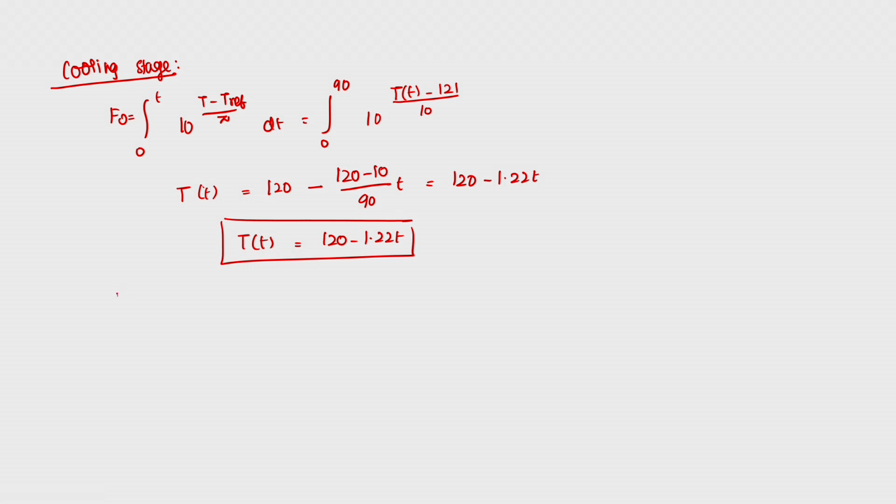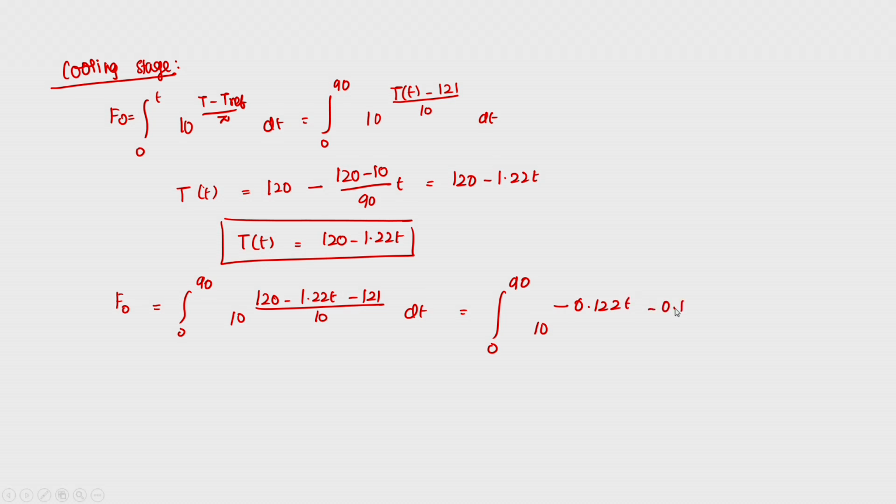So, now I am supposed to substitute there, 0 to 90, 10 to the power of (120 minus 1.22 t minus 121) upon 10 into dt. So, which becomes 0 to 90, 10 to the power of minus 0.122 t minus 0.1.